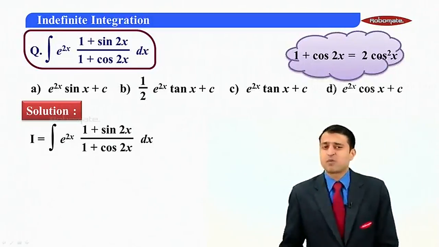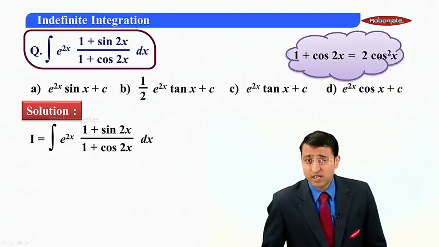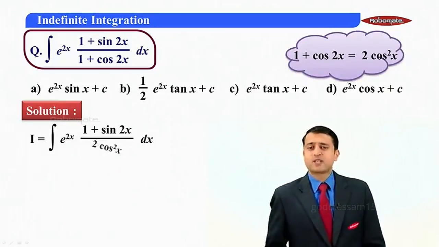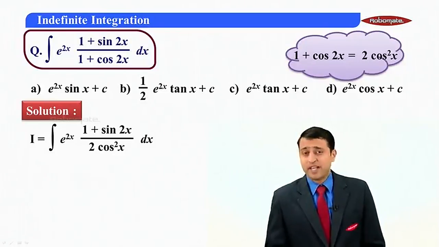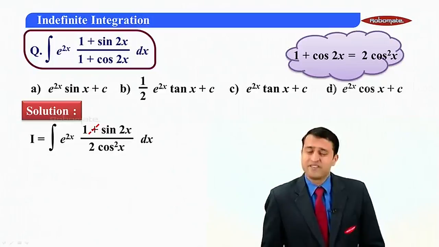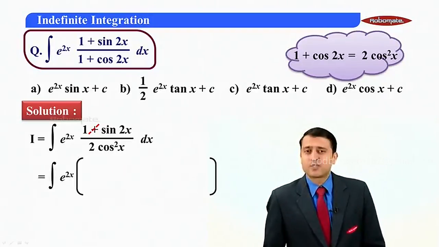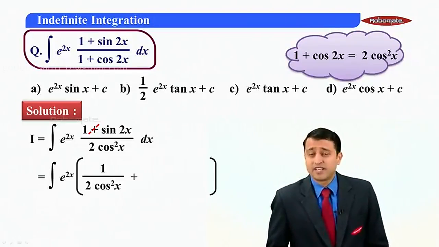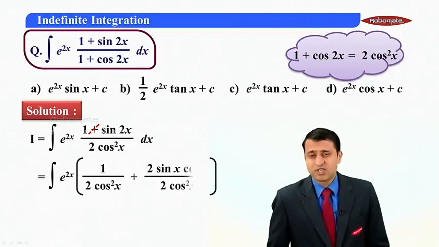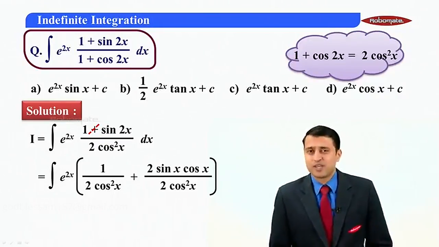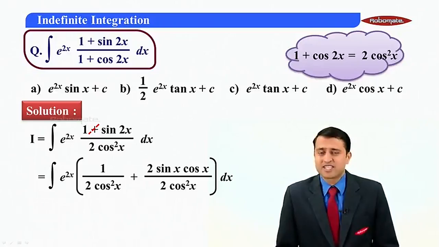So let's apply the formula for 1 plus cos 2x in the denominator, which is 2 cos square x. So let me write that as 2 cos square x. Now, if the denominator is a single term, in the next step what are we supposed to do? We separate. So let us write e raised to 2x into 1 upon 2 cos square x plus, now in the denominator there is an angle which is x, so in the numerator let us write 2 sin x cos x in place of sin 2x, upon 2 cos square x dx.